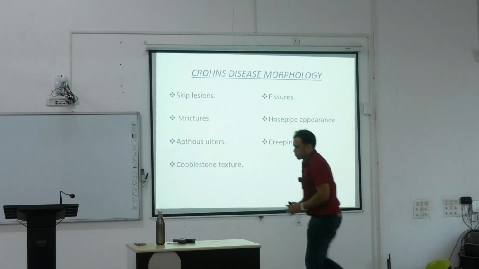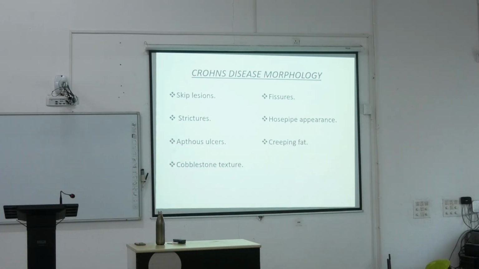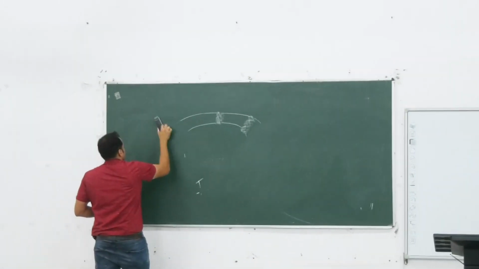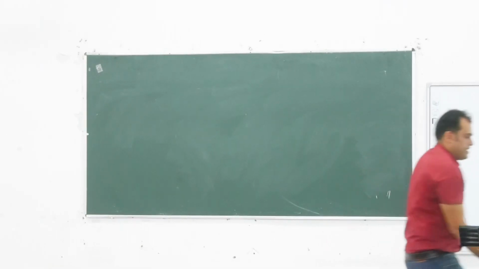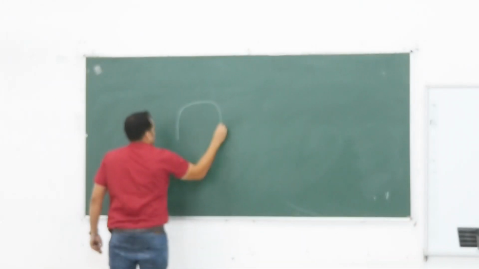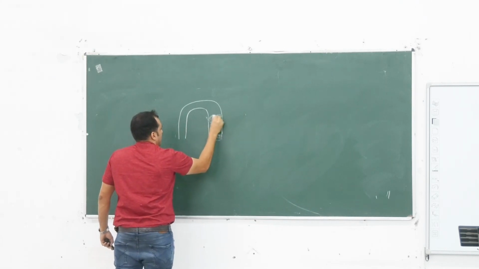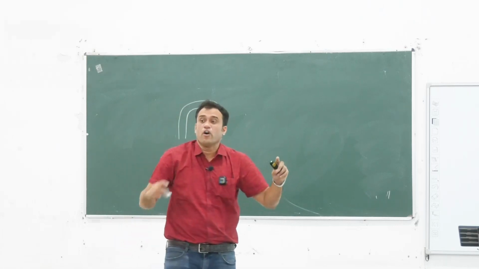I think that will be easier to understand. Suppose this is the involved area, this is the uninvolved area. So what happens in an involved area?